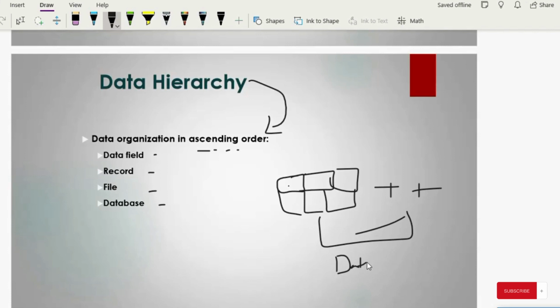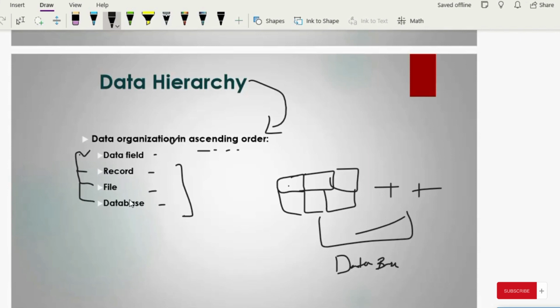So you can see it starts from a smaller scale and goes to a bigger level, starting from the data field and ending at the database. Do remember they are in order, so the data field always comes first. Different data fields make a data record, different data records make data files, and different data files make a database.